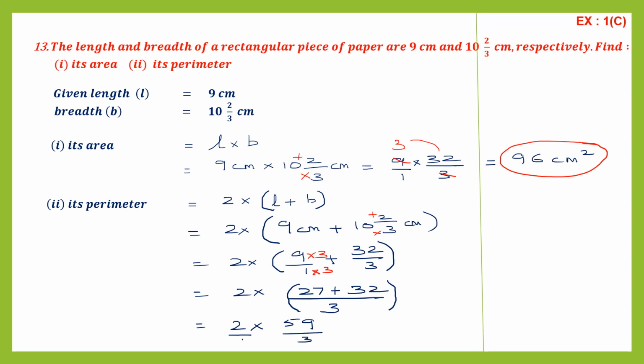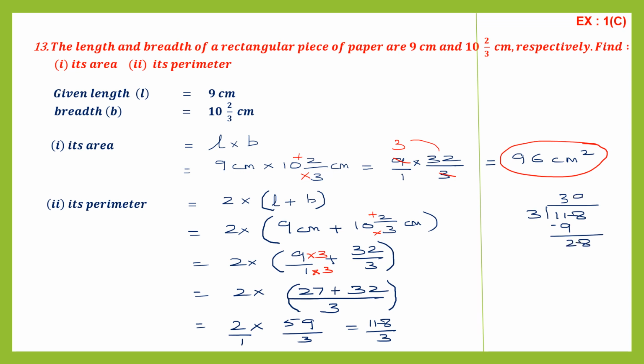Now we have to multiply. There's nothing to cancel here, is there? So we multiply the numerators and the denominators. 59 into 2 is 118 by 3. Now let's convert that to a mixed number. 118 divided by 3. Let's take 11: 3 threes are 9, 11 minus 9 is 2.